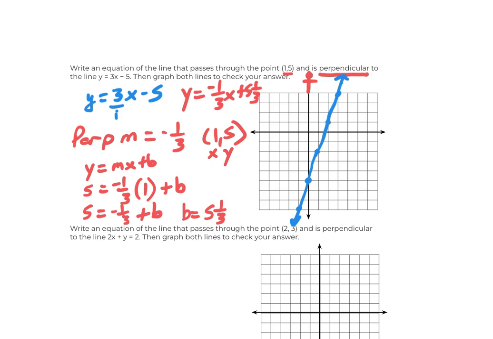We went 1, 2, 3, 4, 5, and then just a little bit more past that. Then when I do my slope, I'm just going to go down 1 over 1, 2, 3. I could do that again if I wanted to. And then I'm going to connect those together.